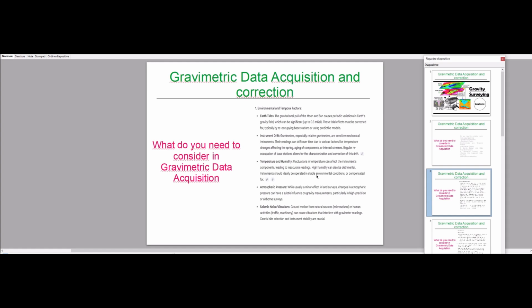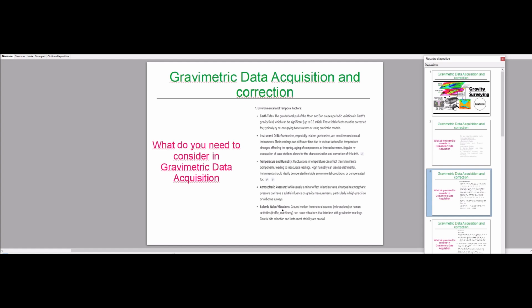High humidity can also be detrimental, and instruments should ideally be operated in stable environmental conditions. For atmospheric pressure, while usually a minor effect in land surveying, change in atmospheric pressure can have a subtle influence on gravity measurements, particularly in high precision or airborne surveying.